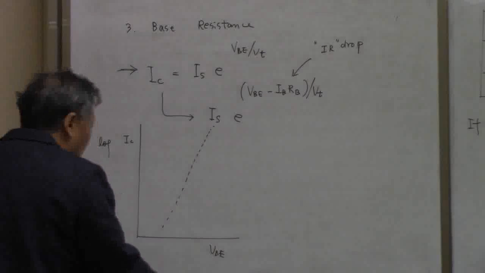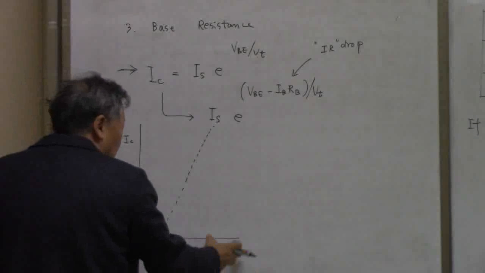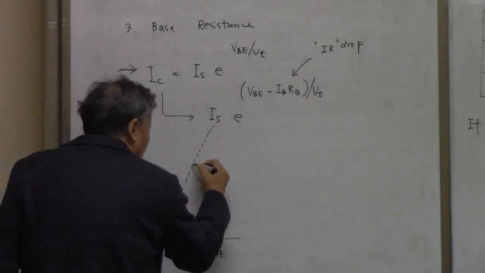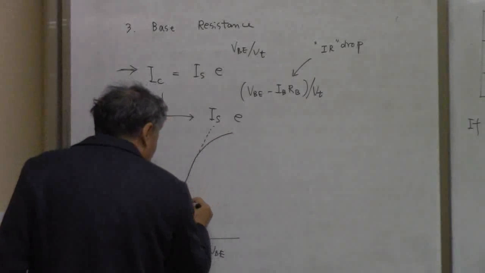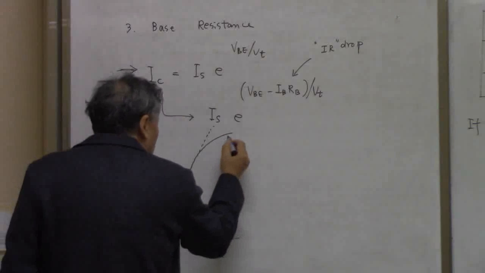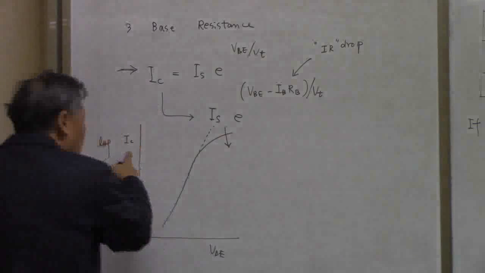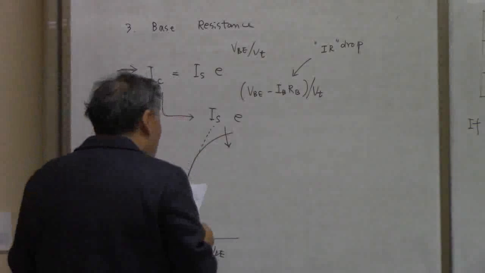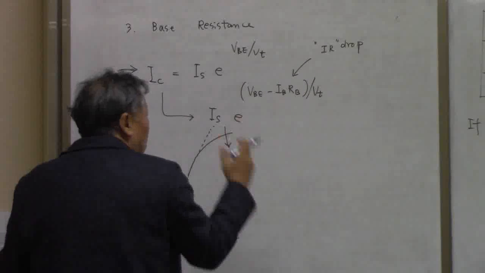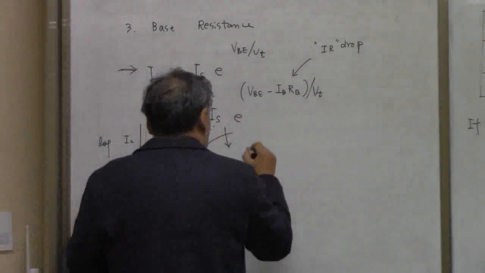But if you increase the emitter voltage, then at the end it is going to deviate from this ideal line, and this decrease in the collector current is because of the base resistance.